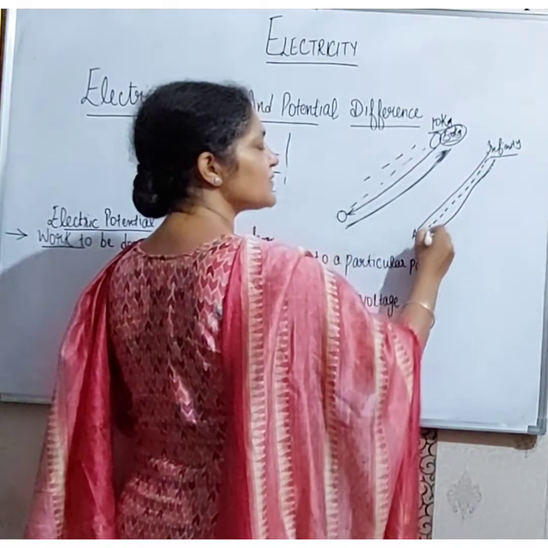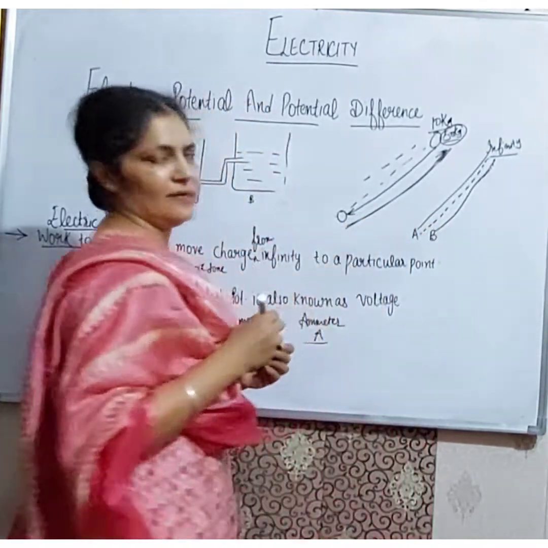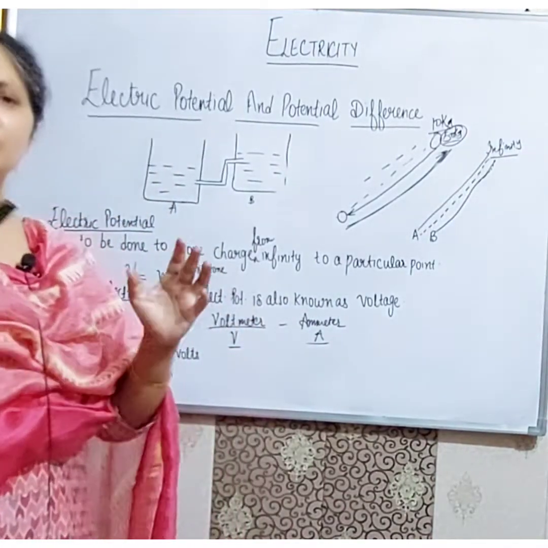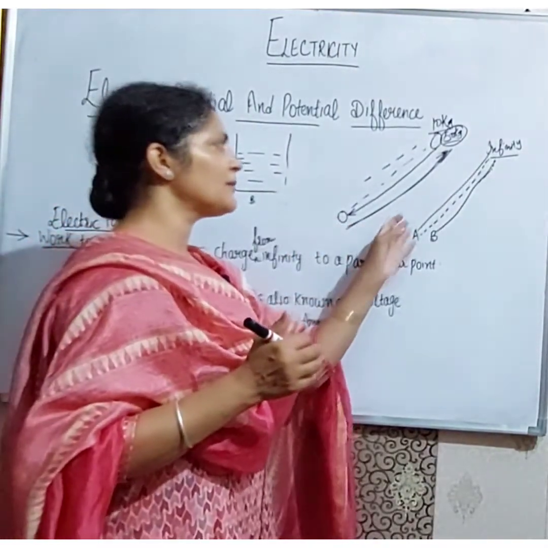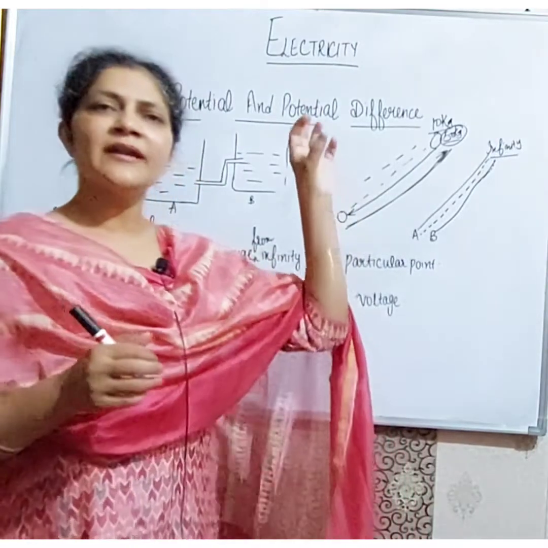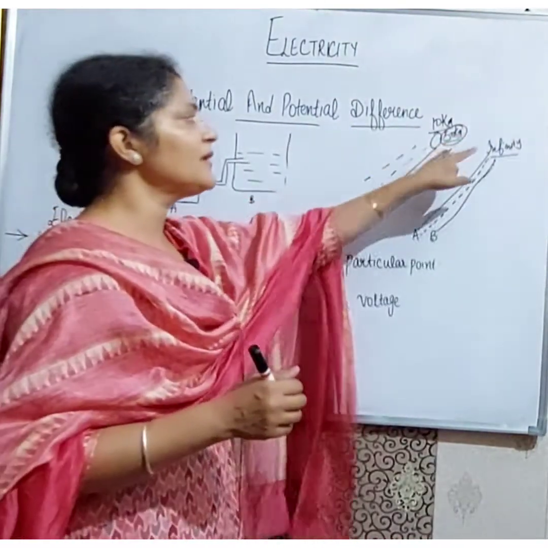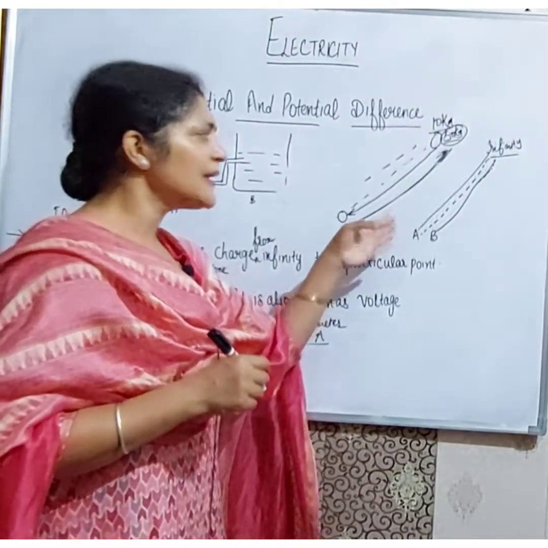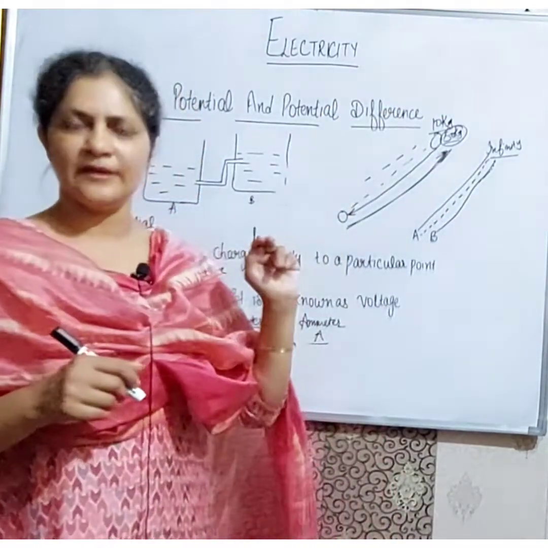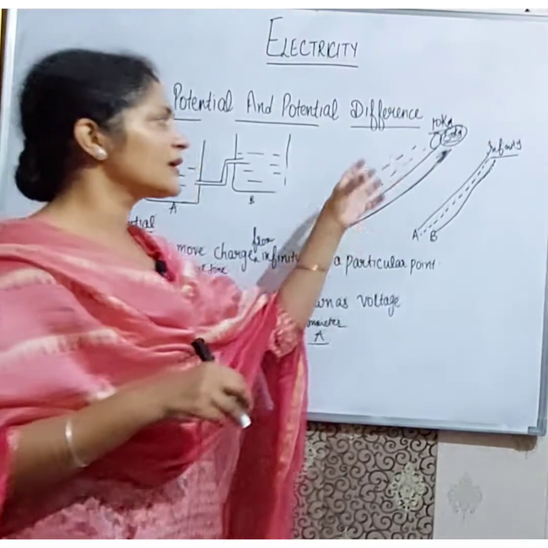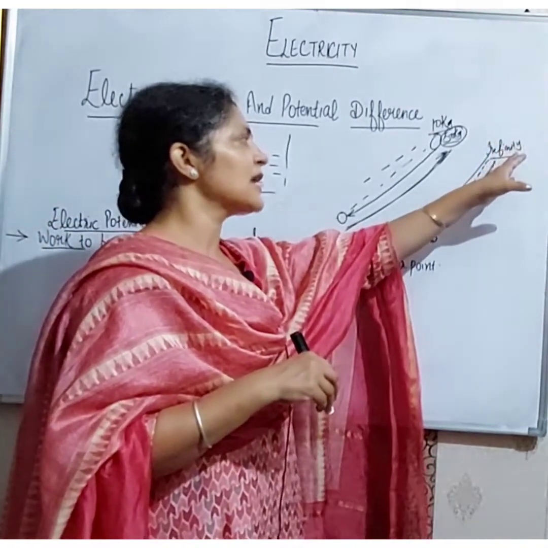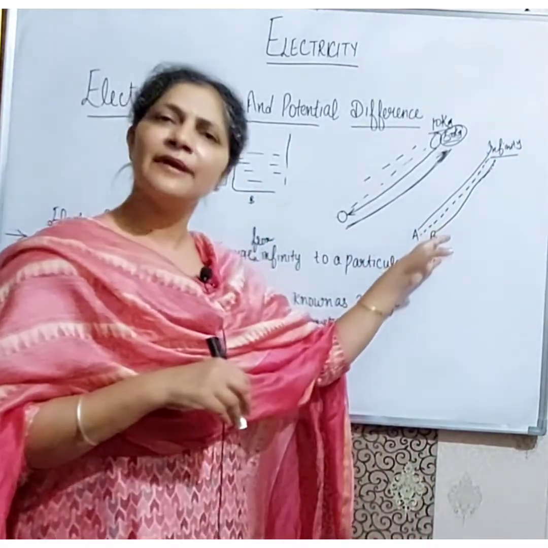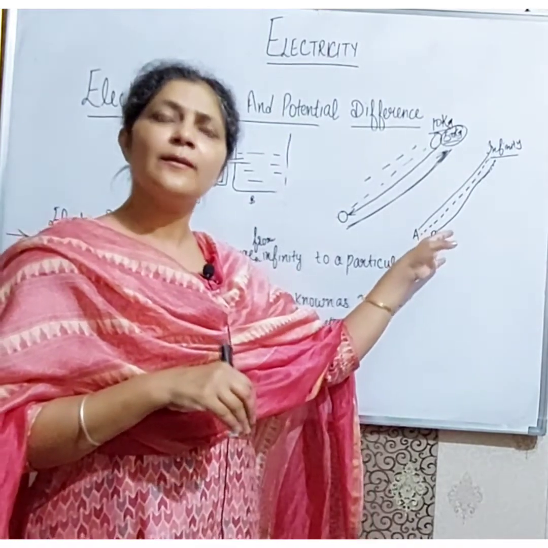Now this charge will come to the point B. First of all, the charge goes from a particular point to infinity. When I brought the charge from infinity to a particular point, work has to be done. Now again somebody sent this charge to infinity, for example. So again I have to bring the charge from infinity to a point B.